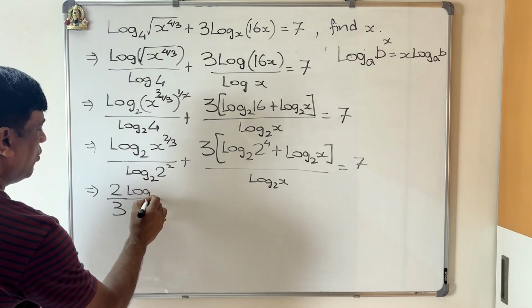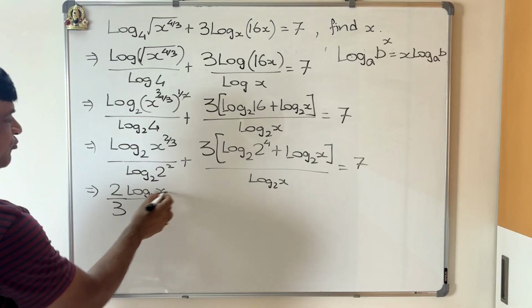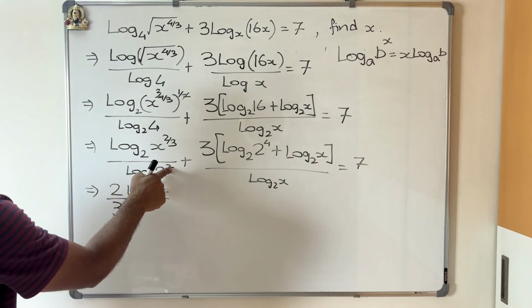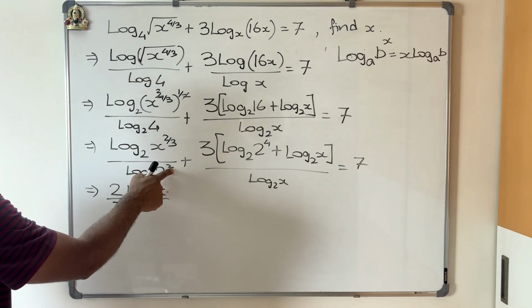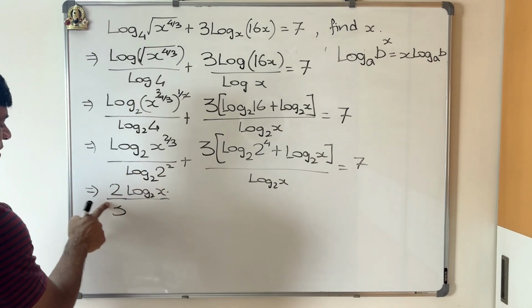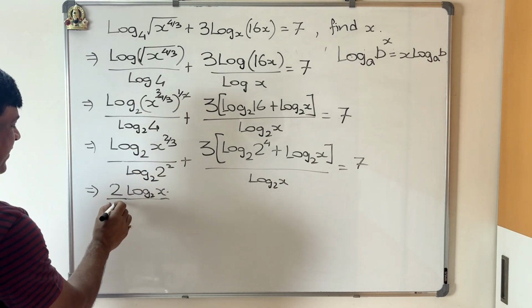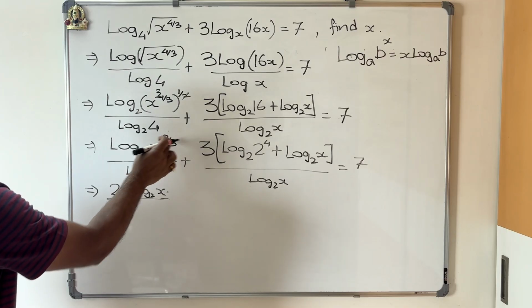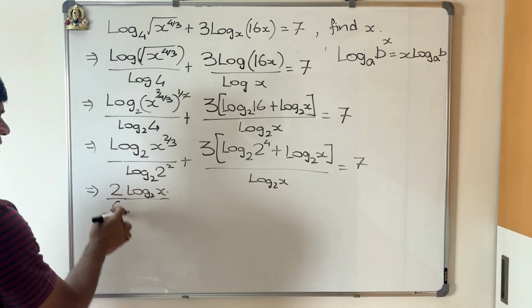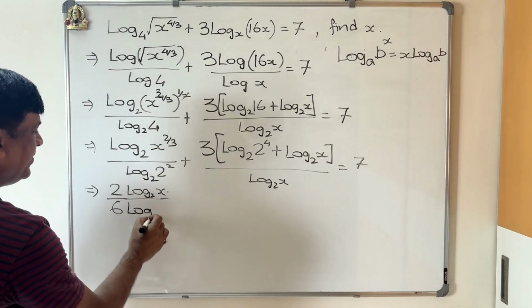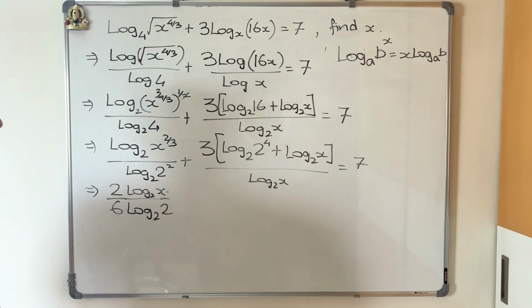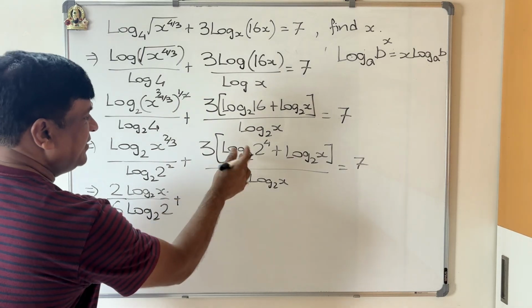left with log of 2 base 2x, and here this again you have an exponent over here that also comes forward, so this will become 2 by 6, right? Because you got 2 by 3 from here, you got 2 from here, so 2 by 6, and this becomes log 2 of 2 plus this one.